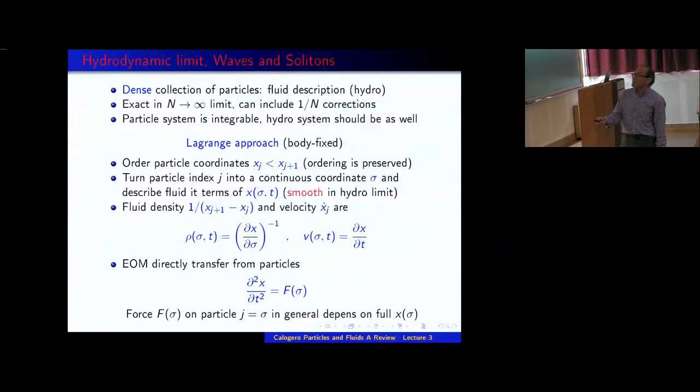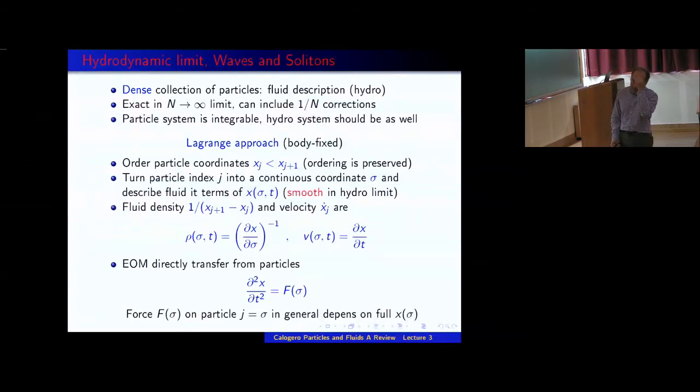It's the derivative of x with respect to sigma to the minus 1, and the velocity field is simply the velocity of particle x with respect to t, so it's dx over dt parameterized like that. The equations of motion, again, are very easy to find because they are essentially Newton's equation for particle at position x.